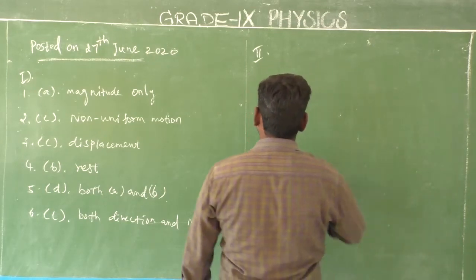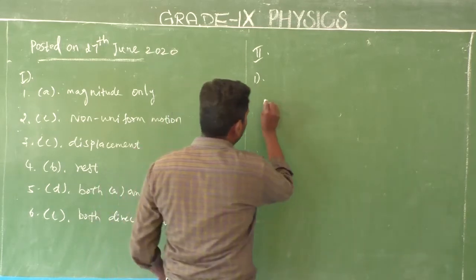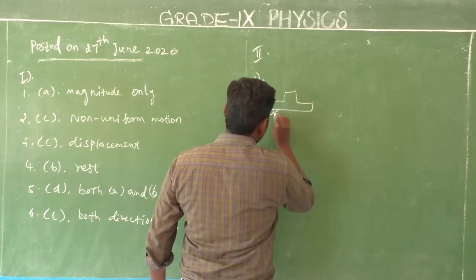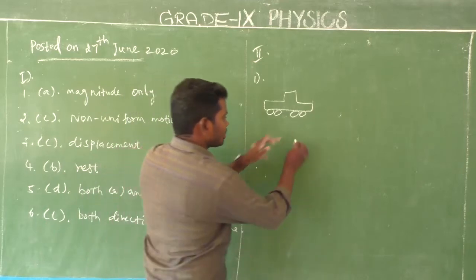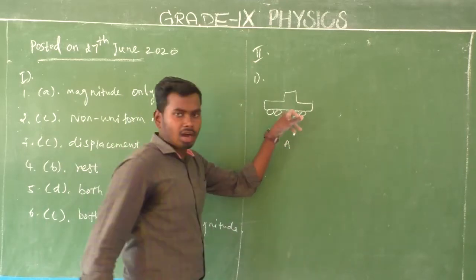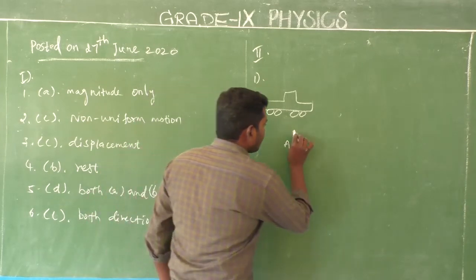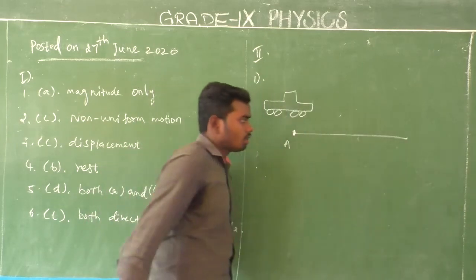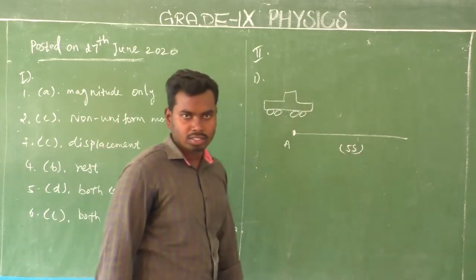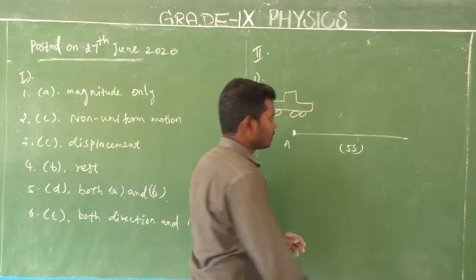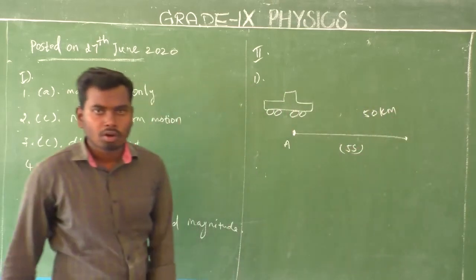Listen to this, first question. Consider an object. I am going to consider a car. The car starts moving from point A. Is it clear? After a few seconds, for example after 5 seconds, the car covers a distance of 50 kilometers.